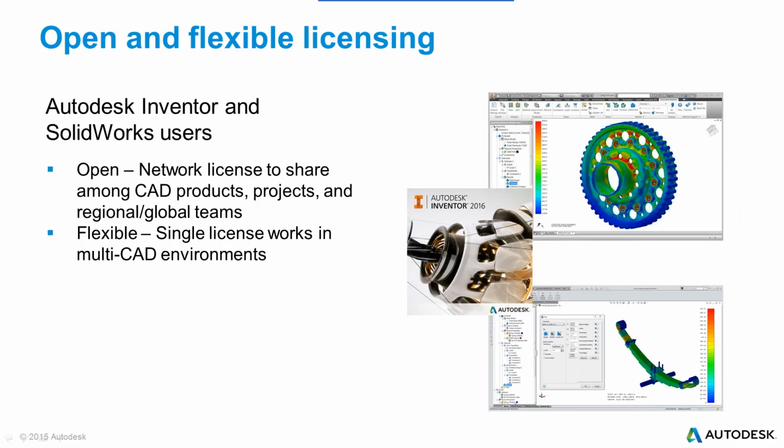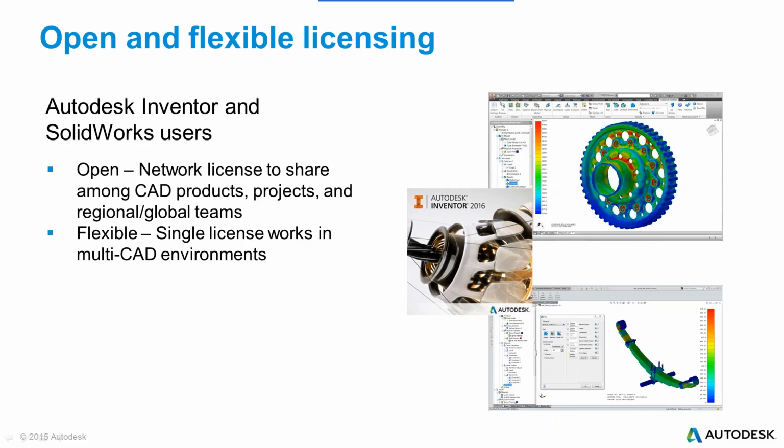Again, it's a network license. Even if your company, your location, has seats of both Inventor and SolidWorks running in different departments, you can have an individual license of Nastran In-CAD that, since it's networked, the person in Inventor can be using at one point in time, and then when they're done, the person using SolidWorks can access that same single license.